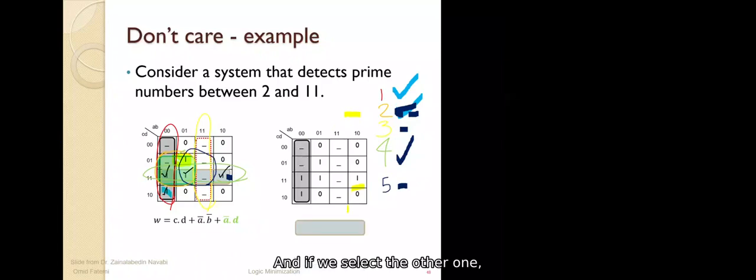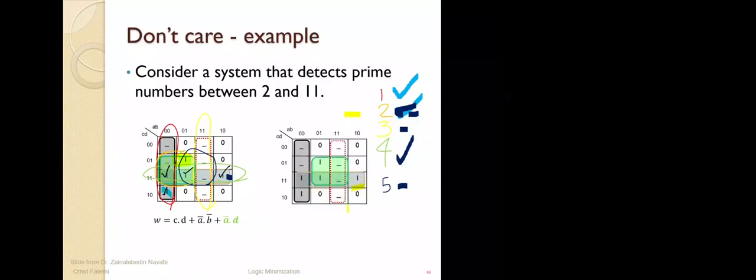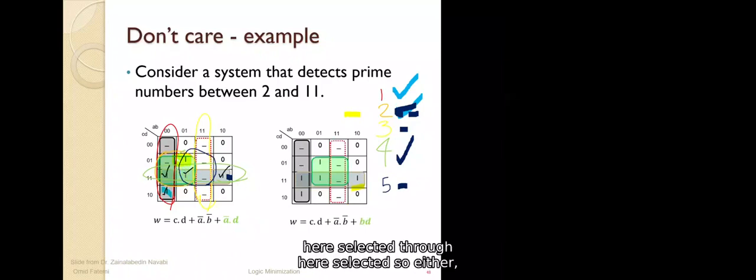And if we select the other one, this is number 5, this is number 2. Both of them have CD and A naught B naught because they were essentials. But for the other one, you have an option, either A naught D or BD.